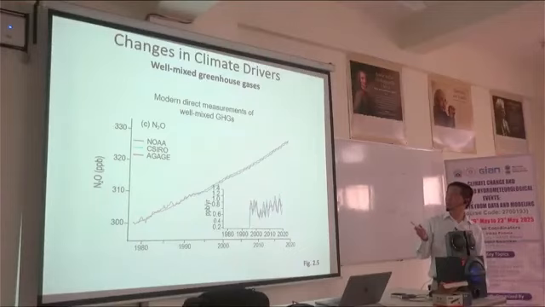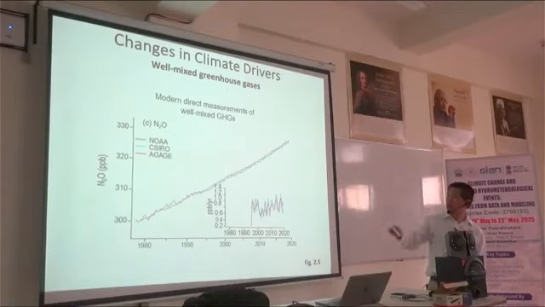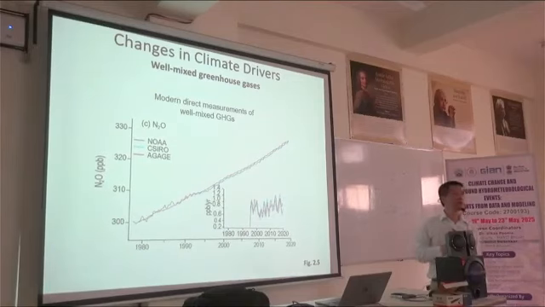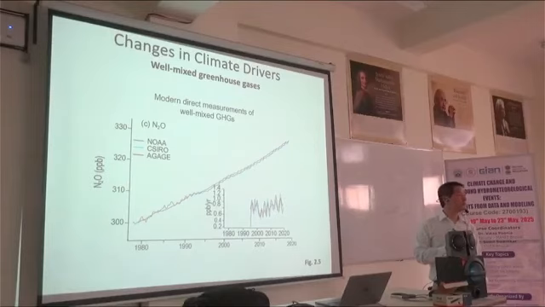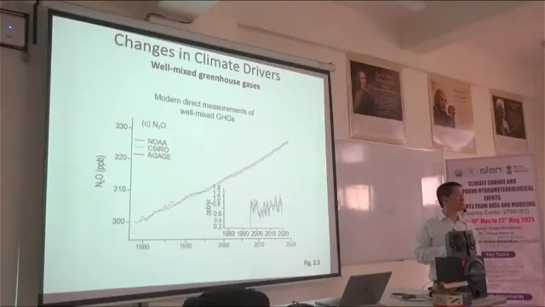So the number three major greenhouse gas is N2O. What's the general trend for N2O in terms of overall concentration and also the growth rate, from the figure? It's not a tricky question.